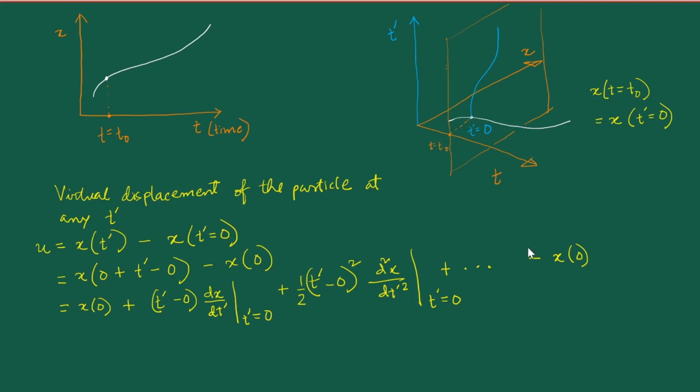So you see this x of 0 cancels with that x of 0. So ultimately what we are left with is this term here and this term here.